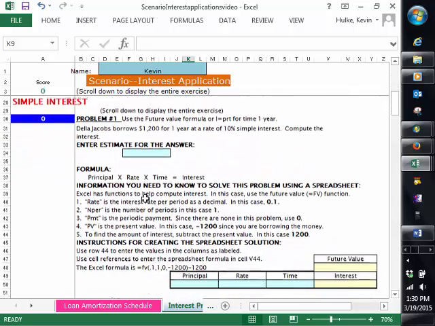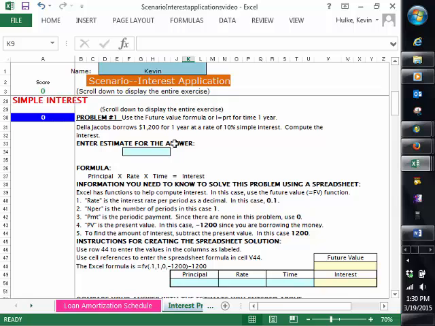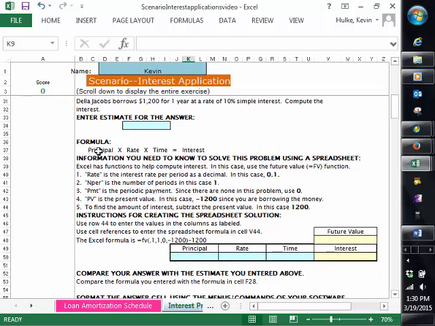Let's look at this first one. We're going to use the future value formula, I equals PRT, for 1 year. Della Jacobs borrows $1,200 for 1 year at 10% simple interest. Compute the interest. Well, the formula is principal times rate times time is the interest. We have $1,200, and we always enter the rate as a decimal, so 0.10.